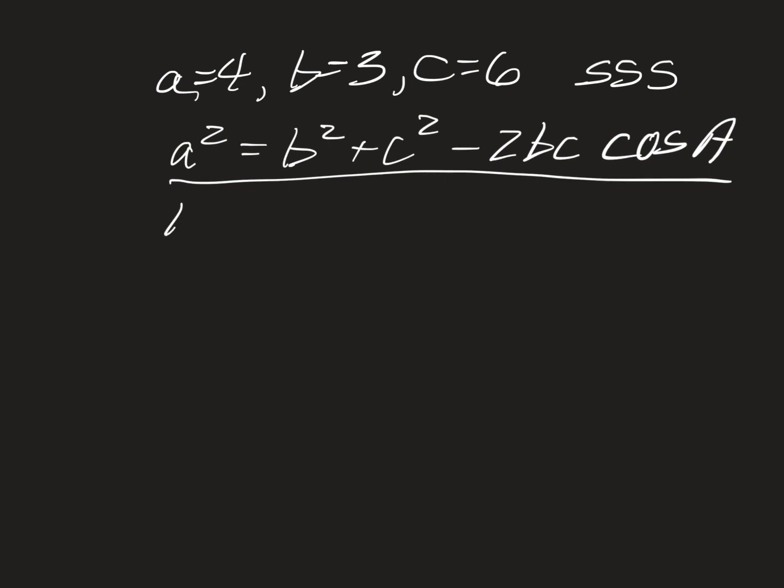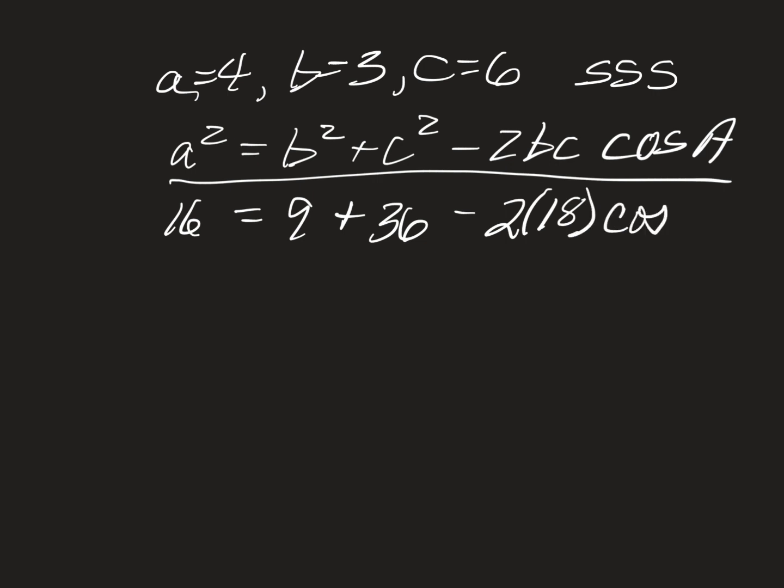So I'm going to have 16 equals 9 plus 36 minus 2 times 3 times 6 cosine of A. Now I've got to solve for the cosine of A. I have 16, and I can subtract 9 and subtract 36, which means I'm subtracting 45 over here.